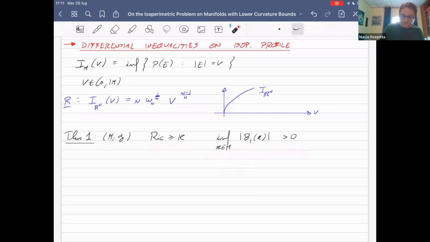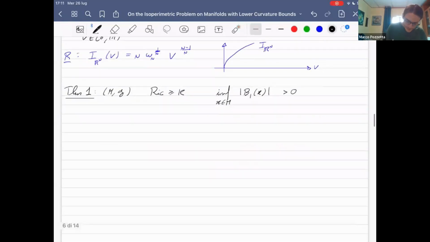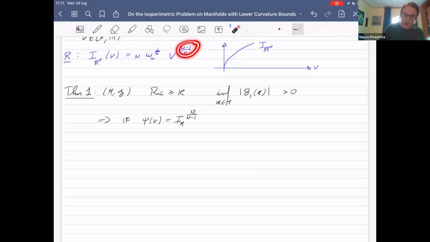So two assumptions. Then I can say the following: if we define psi of v to be the isoperimetric profile raised to the power n over n minus 1, so precisely the opposite power with respect to the spontaneous one in Rn, then this psi satisfies the following differential inequality.